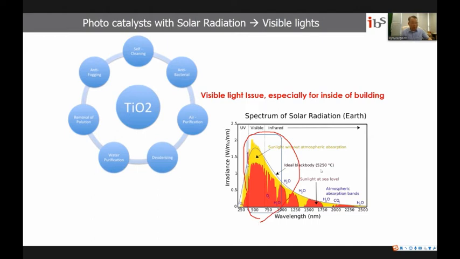White TiO2 can only be observed under UV light because the band gap is about 3.1 electron volts. So our focus is making black TiO2 with visible light absorption.